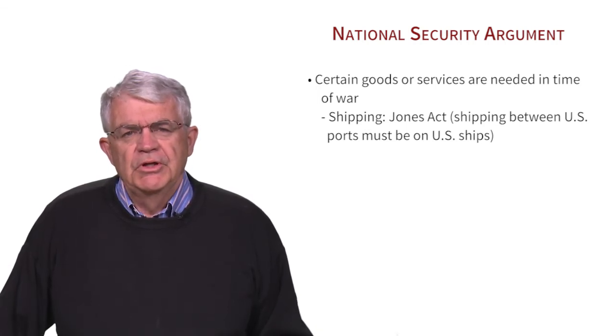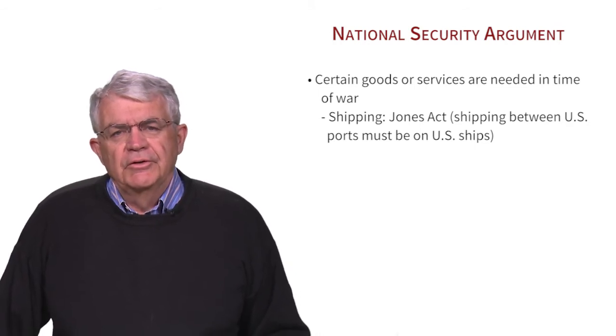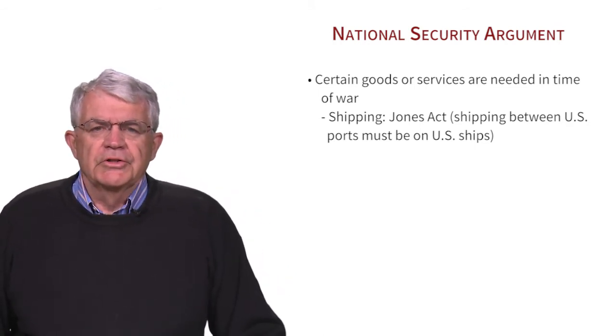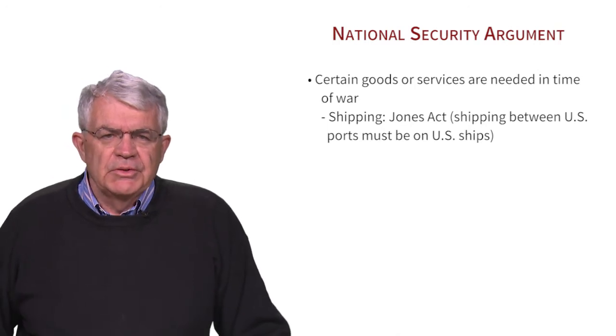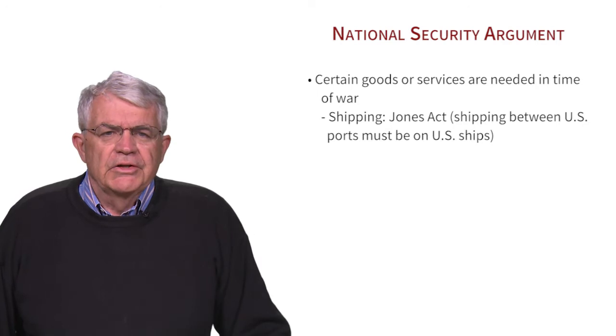The idea here is that's important for security, so you could have American flag ships along the coastline, not foreign ships. It seems like a kind of an ancient idea because there are so many other ways to protect the shore, and in time of war you'd have the Navy there in any case.